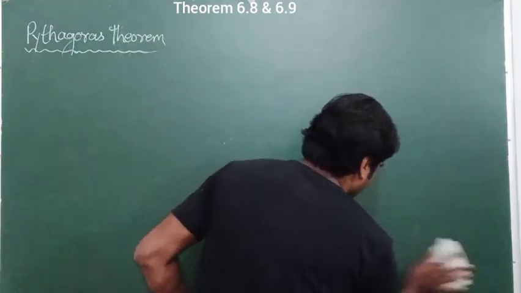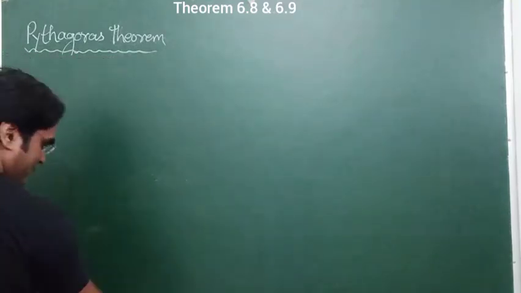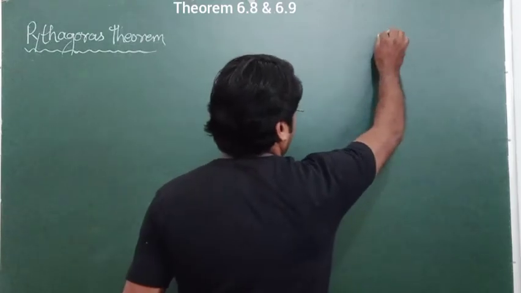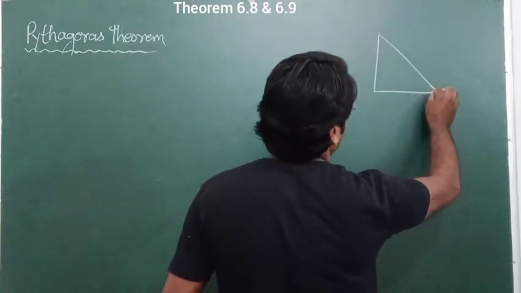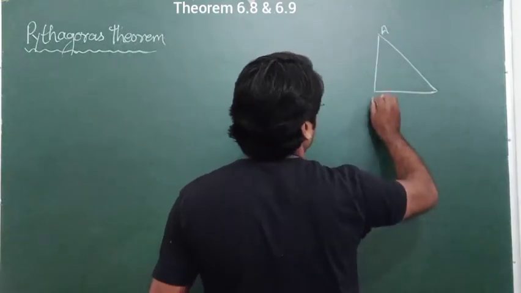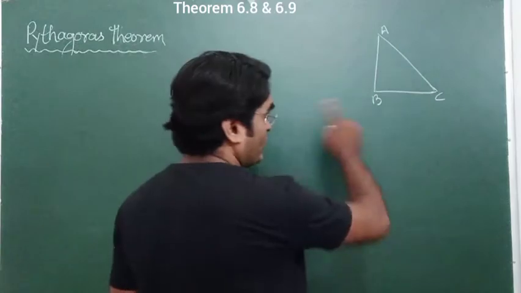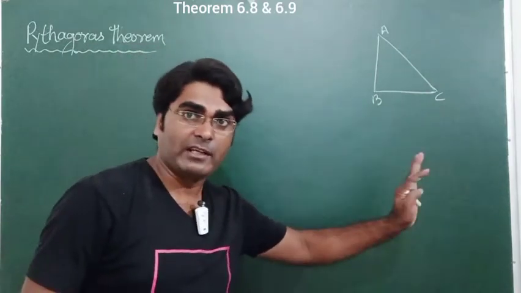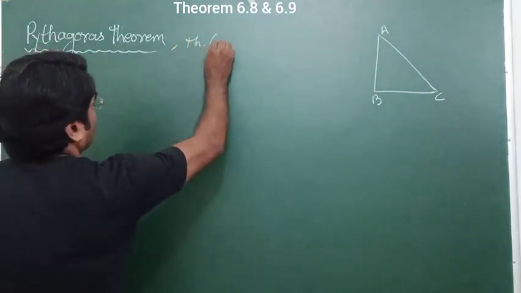So 6.9 is given that, if this is a right angle triangle ABC, already given. This is theorem 6.9.